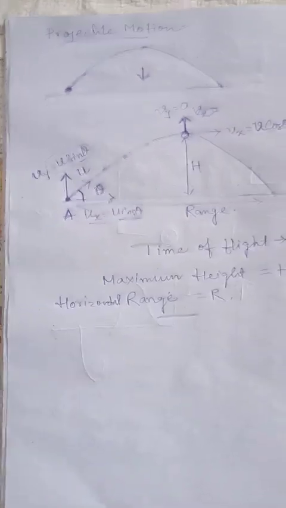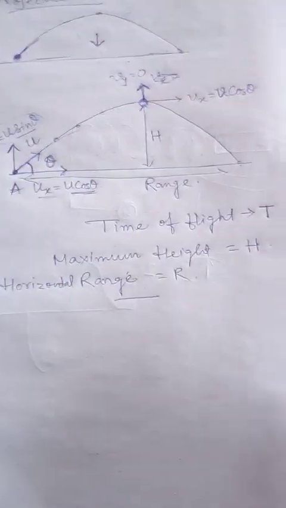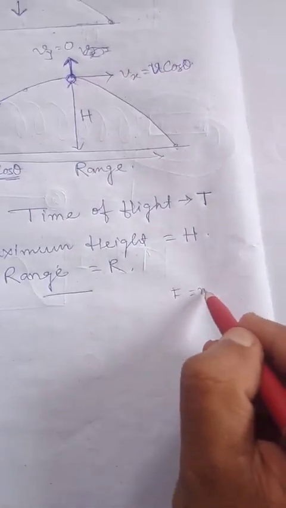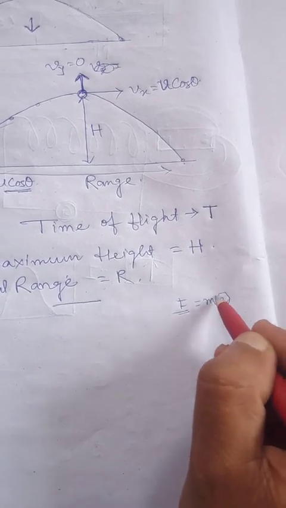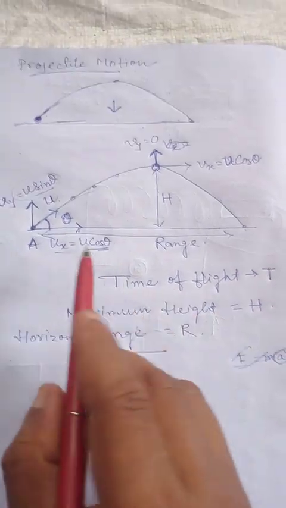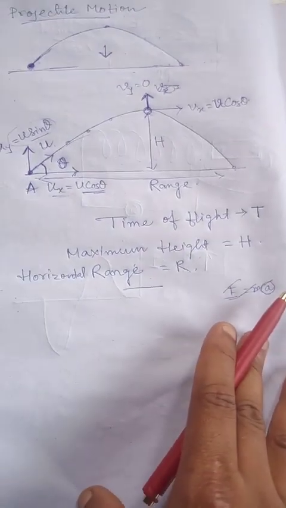We already know that force equals mass into acceleration. As there is no force, there is no acceleration, so velocity does not change along the x-axis or horizontal line.